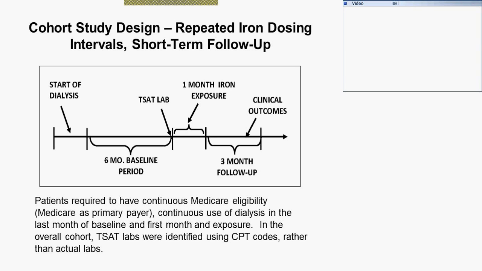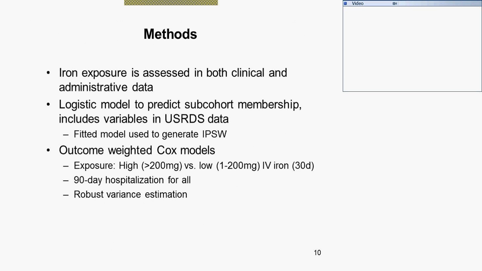We've designed a very simple cohort study where we have iron labs that are drawn and an exposure period that occurs after the iron labs are available. We assess exposure and then look at how that relates to outcomes occurring during a 3-month follow-up period. On each patient, we have multiple dosing intervals, so it's a repeated measures design. We get iron exposure data in both the clinical system and the administrative data.